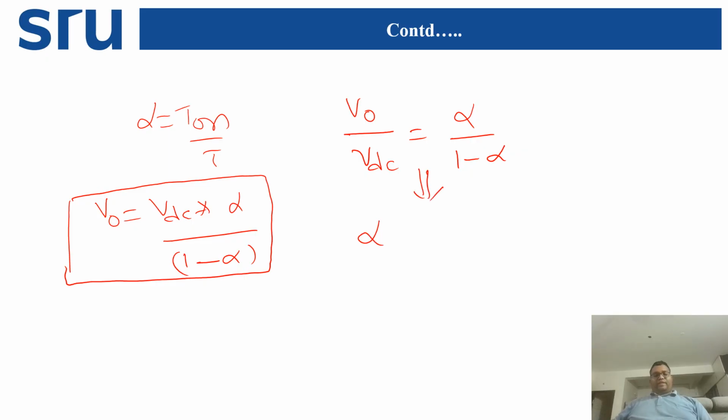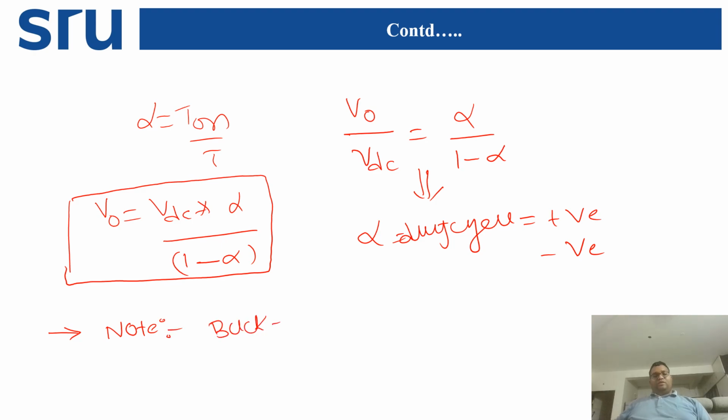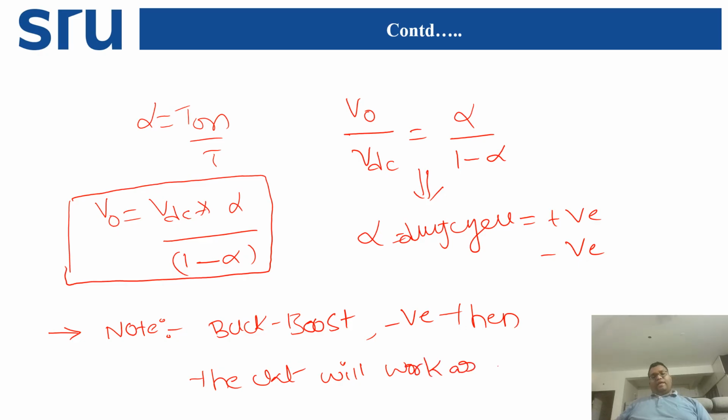Here, based on the variation of the duty cycle, the output voltage will be either positive or negative. Note this: suppose the buck boost circuit gives negative voltage, then we can say that the circuit works as an inverting converter circuit. That is the final conclusion.